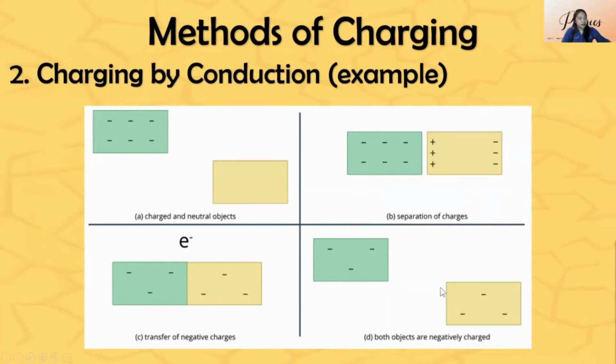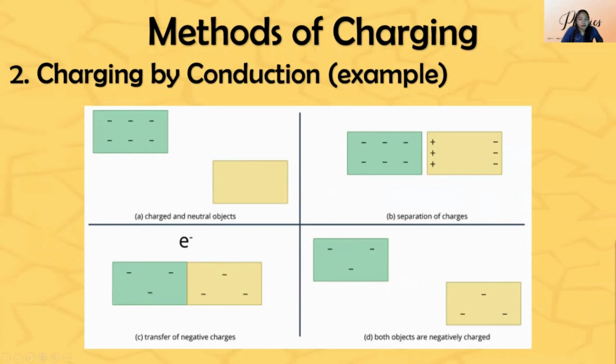The last diagram shows that even if we separate the two objects and do not contact them anymore, both of them are still electrically charged, and both are negatively charged. So what will happen when we place a positively charged object, not negatively charged, near the neutral object? At the completion of charging by conduction, both will become positively charged.